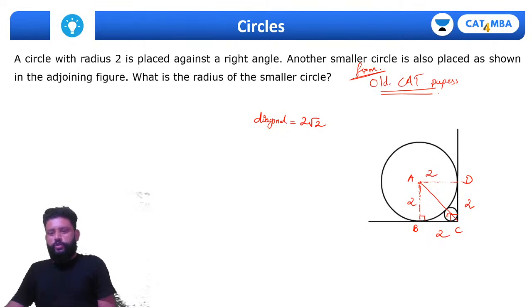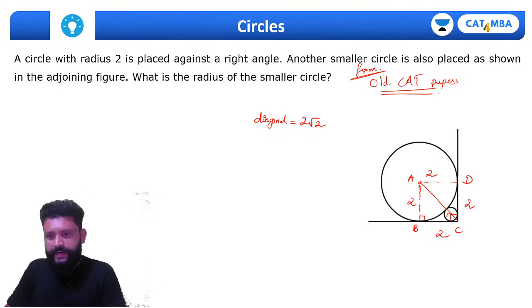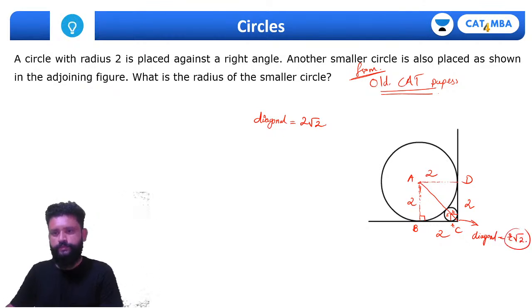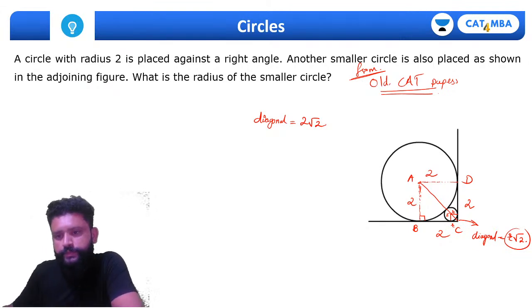Okay, let's say the radius of this circle is r, this is r, so this diagonal of the smaller square will be r root 2, right?